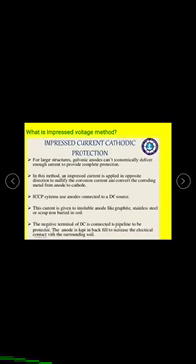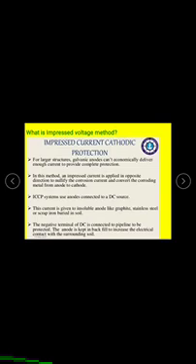For larger structures, galvanic anodes cannot economically deliver enough current to provide complete protection.